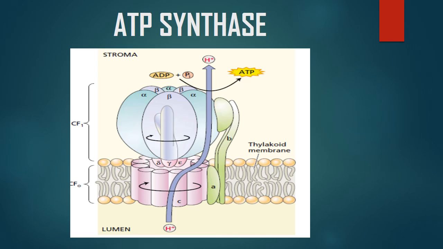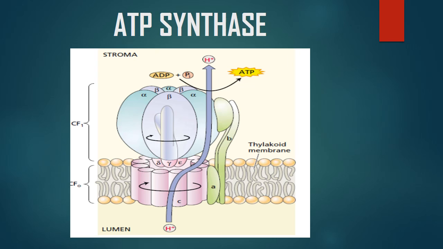CF0 appears to form a channel across the membrane through which protons can pass. CF1 is made up of several peptides arranged alternately. The major peptides in CF1 are alpha and beta peptides.